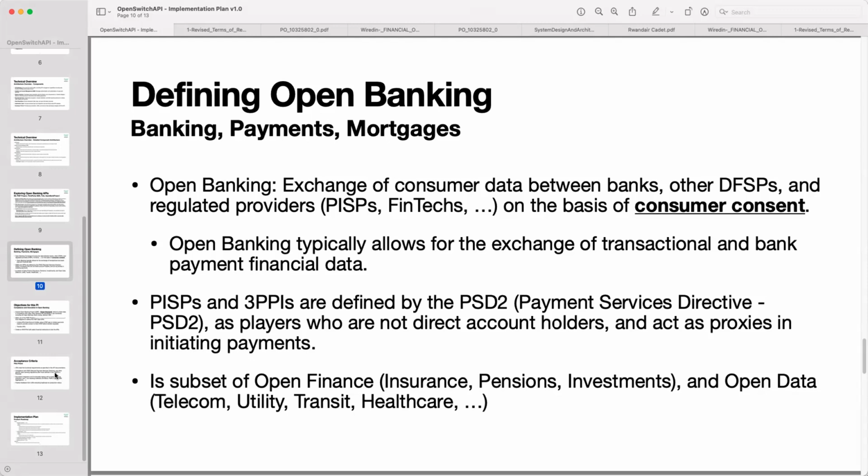Actually, in my acceptance criteria slide, we have that as a key component of what we would consider a successful workstream at this point, which is to be able to make a non-financial institution, a payment aggregator, for instance, able to use this open banking API to initiate a payment to a DFSP who owns a customer's account.